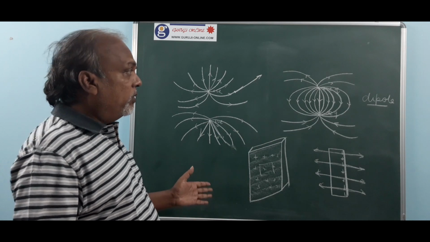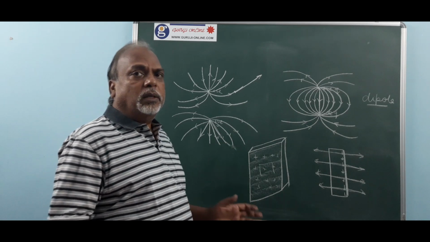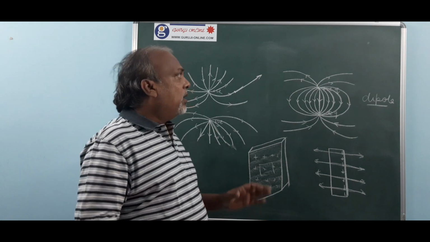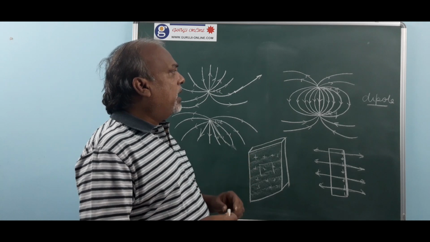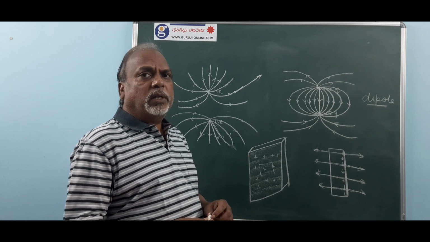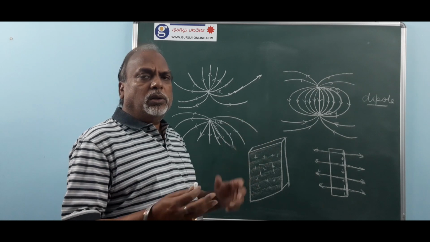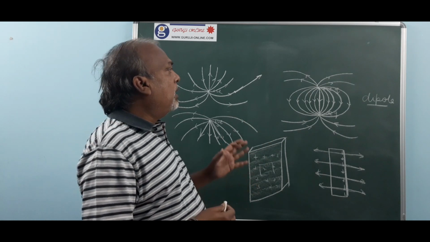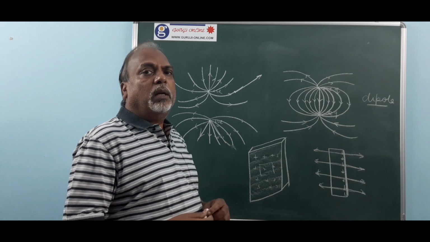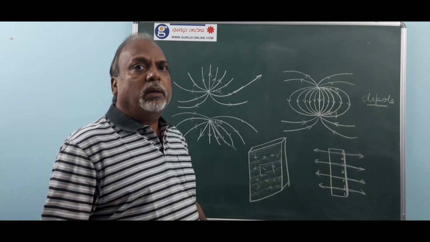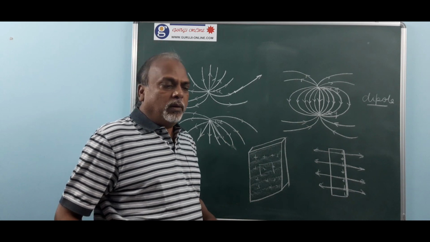For today, this is it for now, and we will do some problems and exercises pertaining to electric field and Coulomb's law, and also we will see what electric potential is. That is also a very important thing. Okay, thank you.